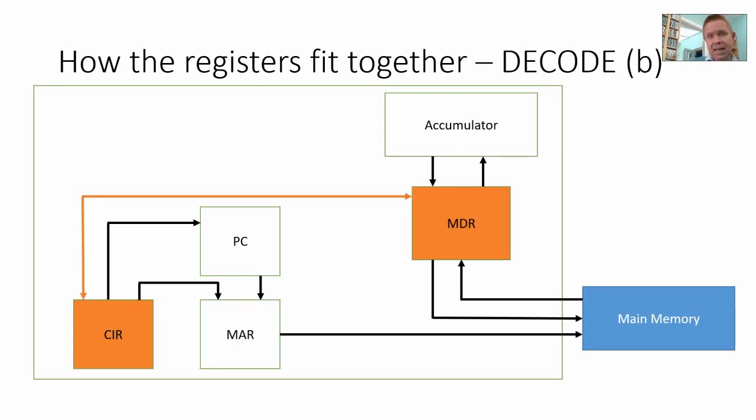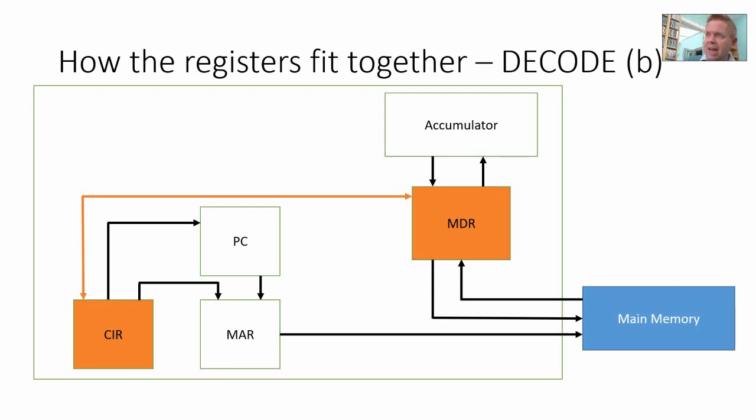Now, it might be the case, if we look at this second option, that the instruction in the CIR actually has data with it. So, for example, the instruction might be put this value 0001 into the accumulator.